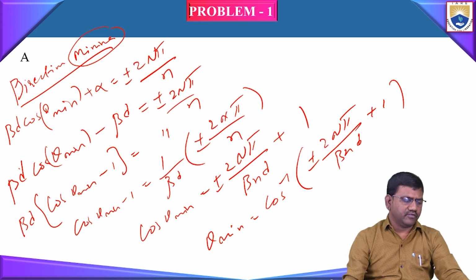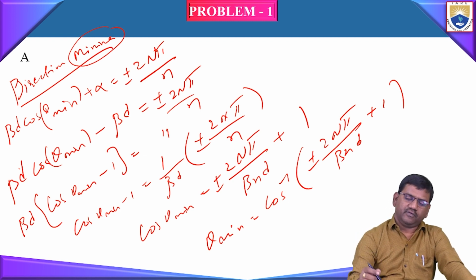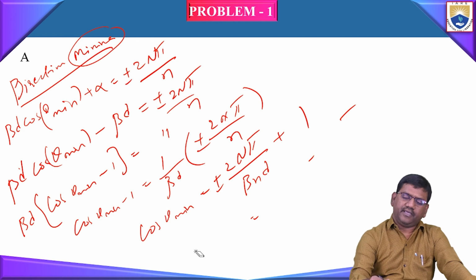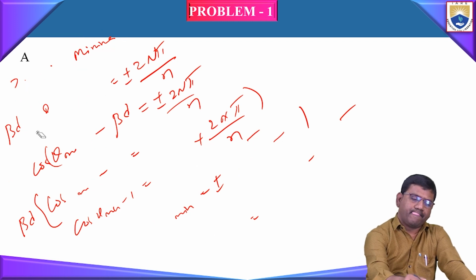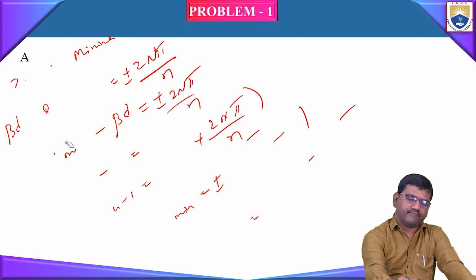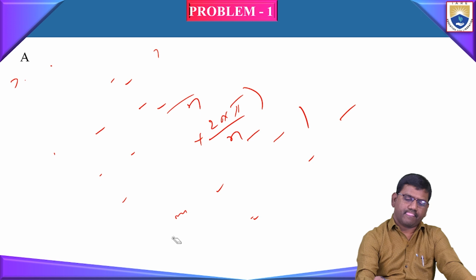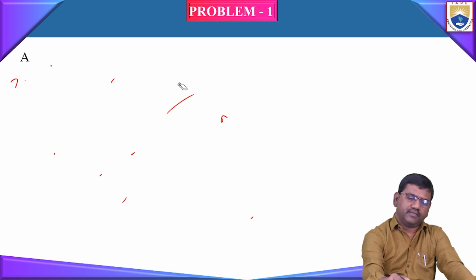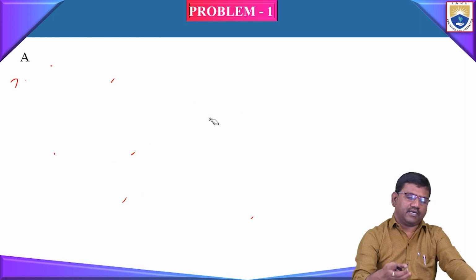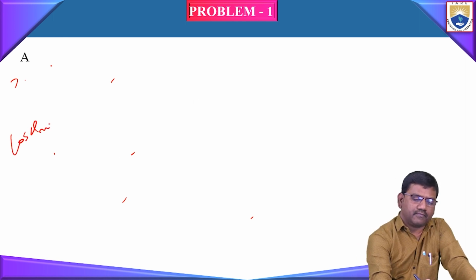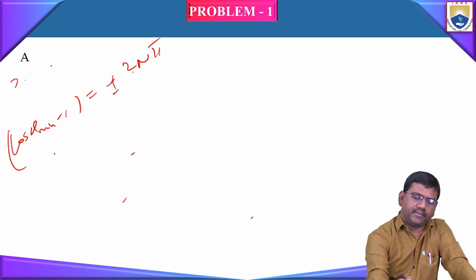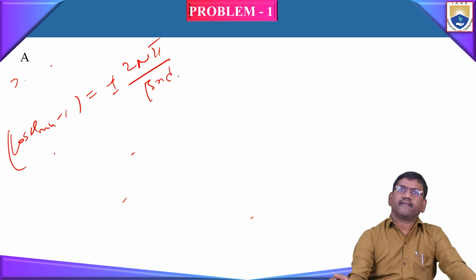So from this equation, we are going to find out the beta d value, 1 minus cos theta, and we are going to further simplify this by applying the trigonometric functions here. So here you can write cos theta min minus 1 is equal to plus or minus 2n pi by beta Nd.